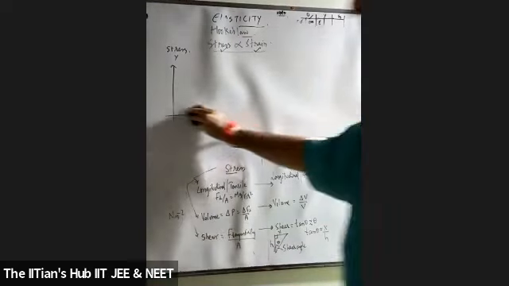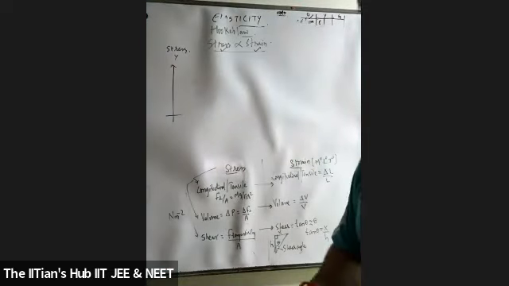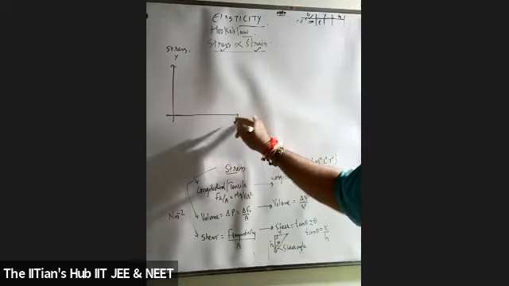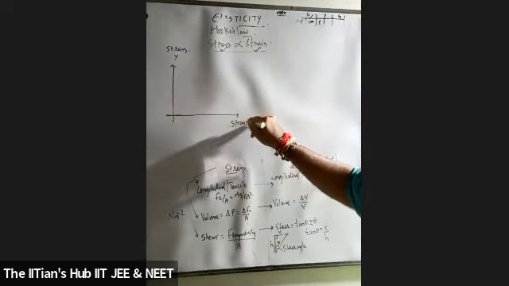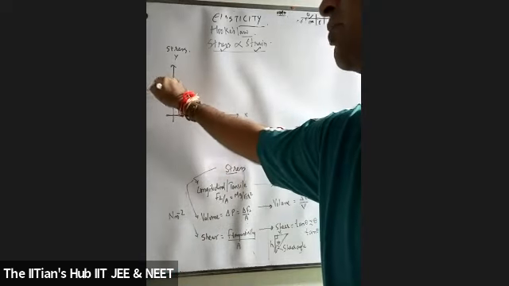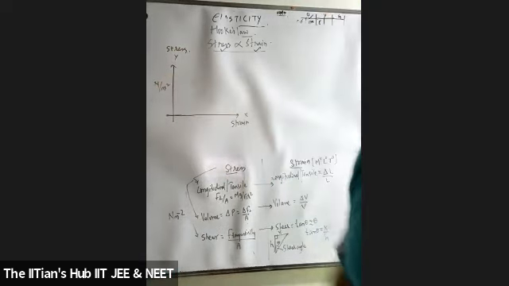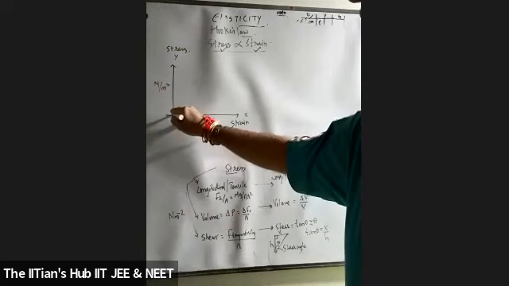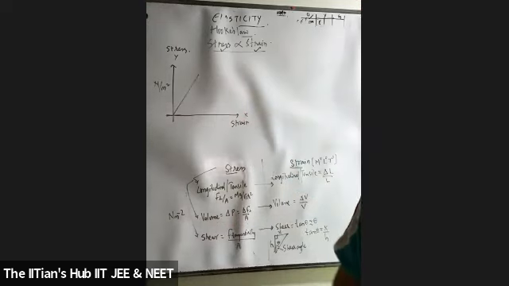So now when somebody speaks about Hooke's law, students, we need to go for stress on the y-axis and we consider strain on the x-axis. Strain has no unit, and stress has Newton per meter square on the y-axis. Now this particular graph will reach a particular point.